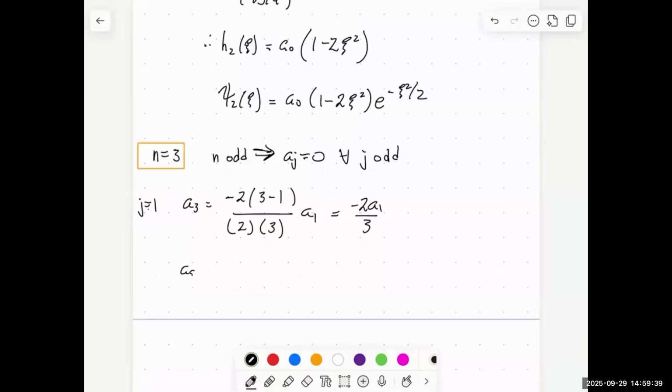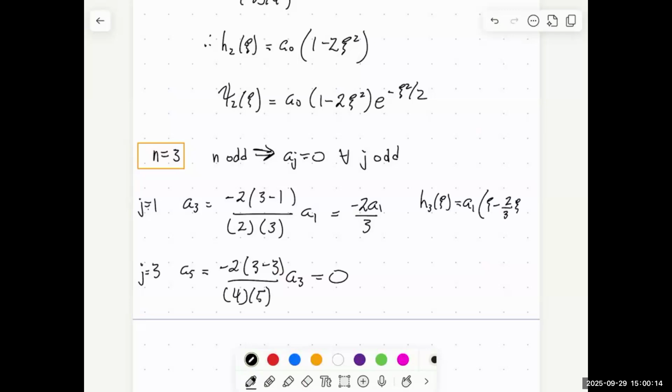You could probably guess what's going to happen if I try to find the next odd term. This is going to be j equals 3. Let's see if I can do this one right. Minus 2 (n minus j), but those are both 3 now. Good. So that's just 0. Okay, so that means our H3 is going to be a1, sorry, it's going to be z minus 2/3 of z cubed, I think.